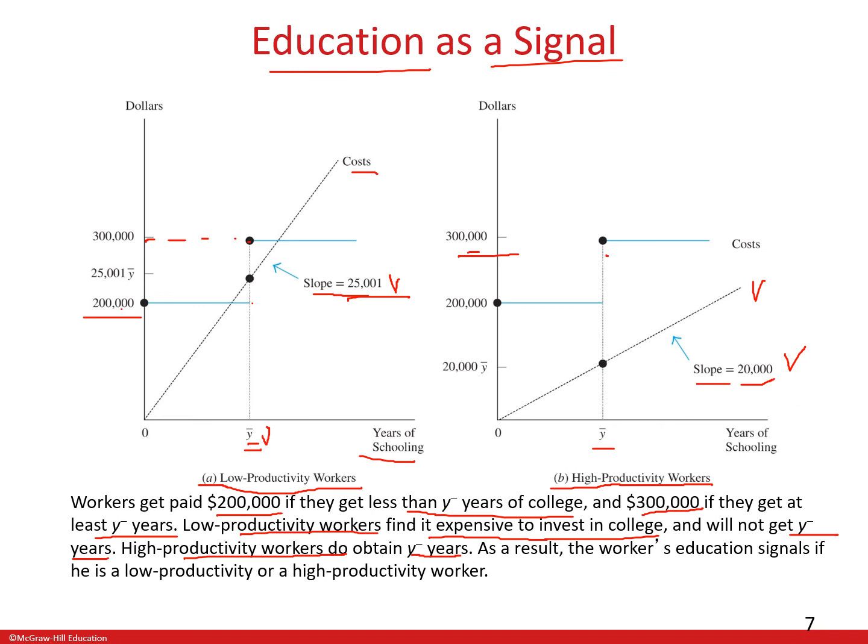So therefore, the worker's education signals whether he is a low productivity worker, panel A, or a high productivity worker, panel B.